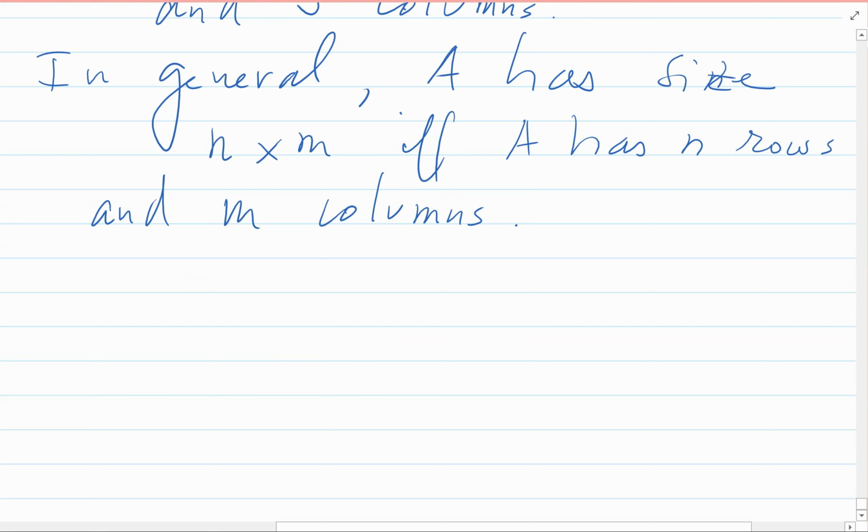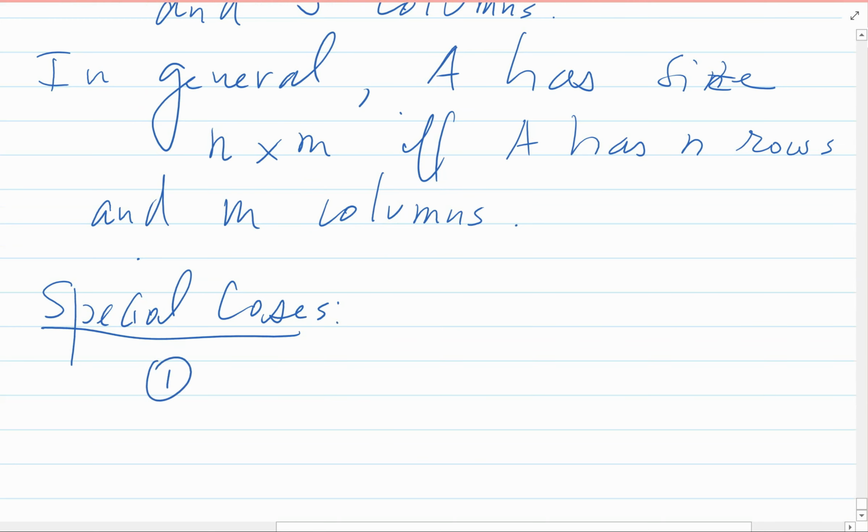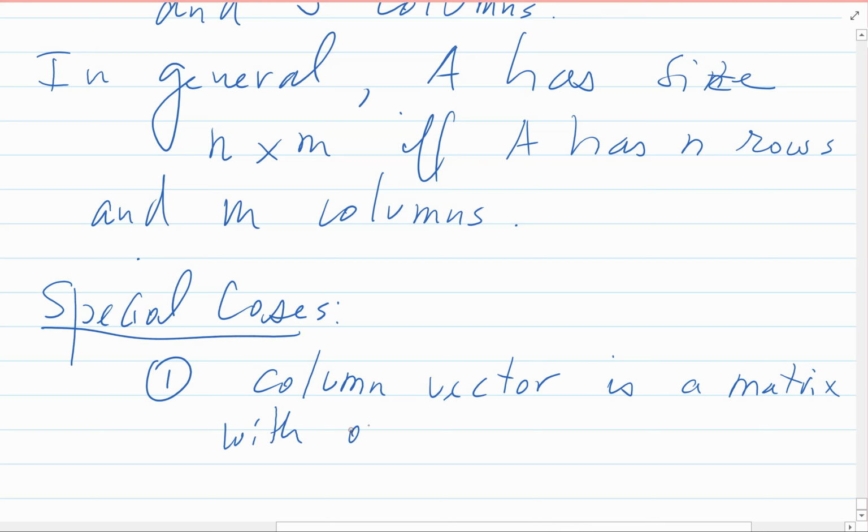So in particular, there are 2 special cases. One is what we call a column vector. A column vector is a matrix with 1 column.